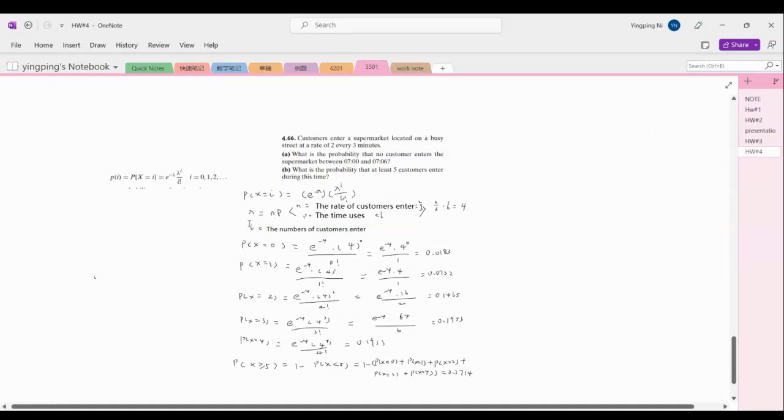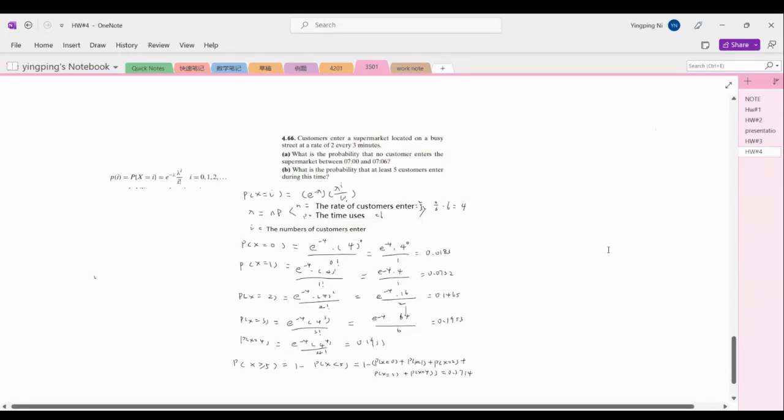We have lambda equal to n times p. The n is the rate of customers entering, which is 2/3, and the p is the time used, which in this question is 6, so lambda is 4, and i is the number of customers entering.